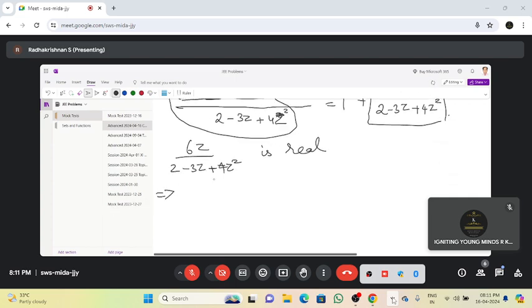Divide by z, so we get 6 divided by (2 by z minus 3 plus 4z).